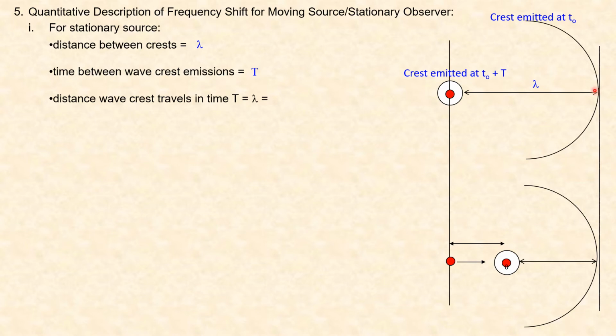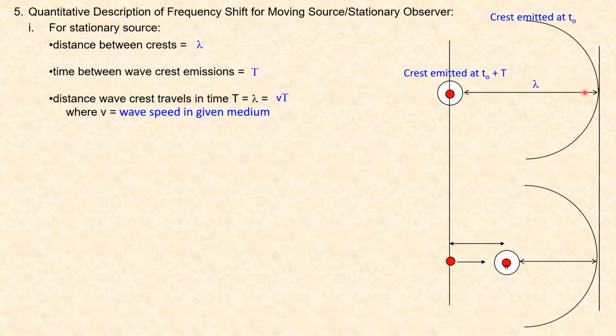It travels that distance at a certain speed. What is that speed? It's the speed of the wave in the medium. So we can say the distance the wave crest travels in a time equal to 1 period is equal to v, the speed of the wave in the medium, times time, right? Distance equals speed times time.